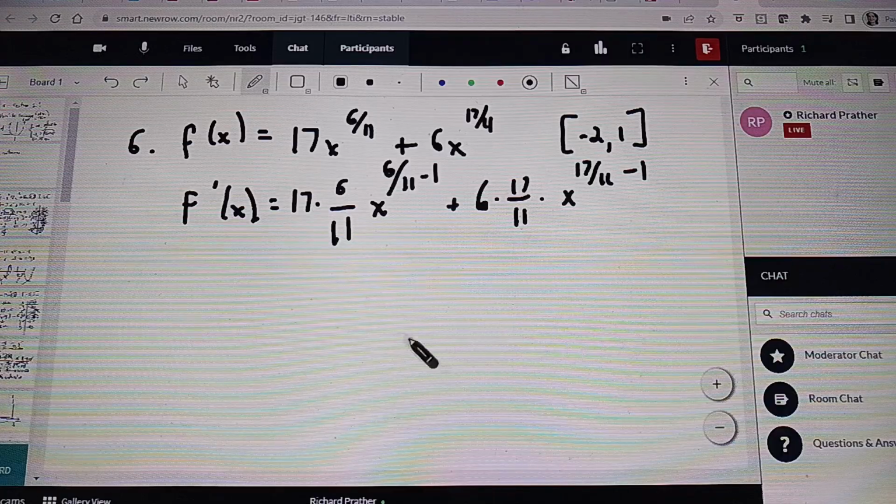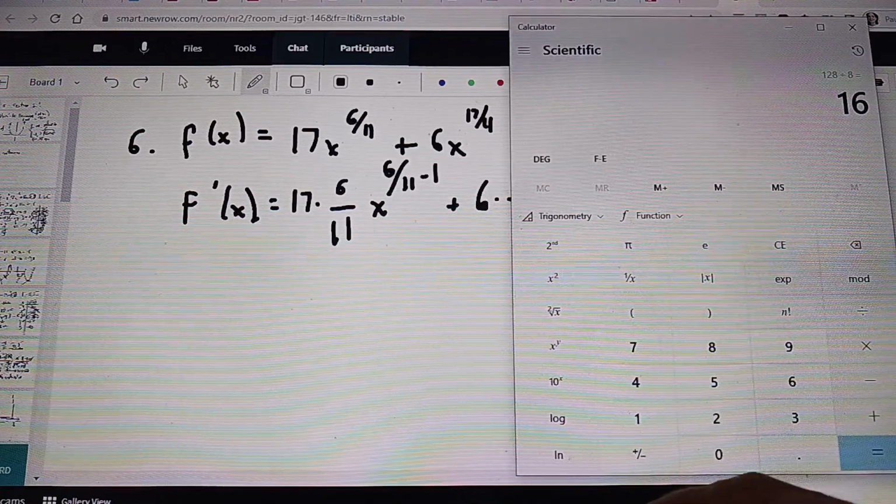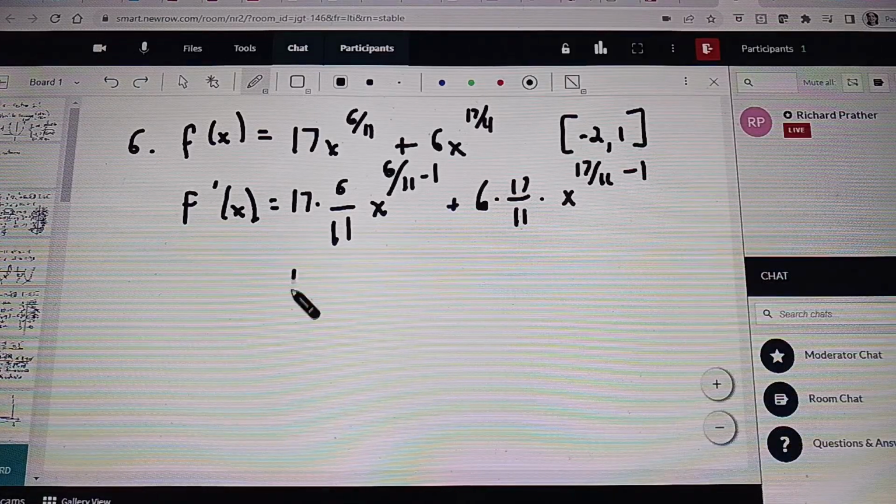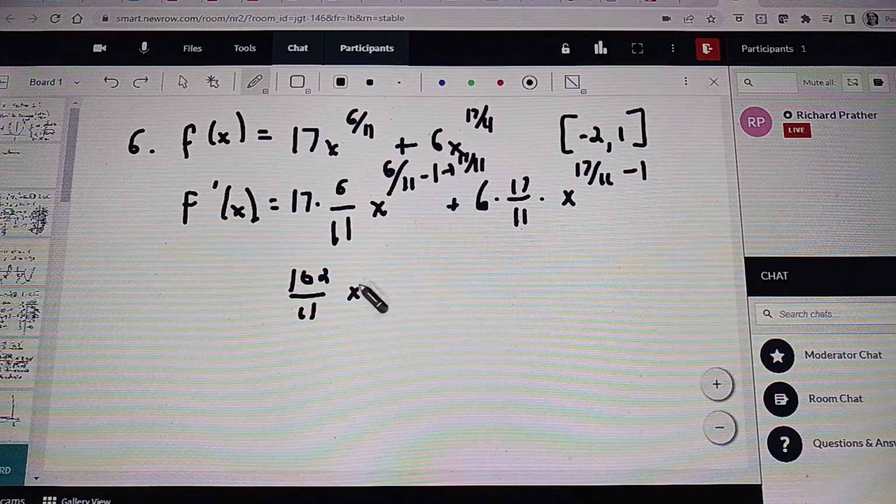Nothing simplifies here, so 17 times 6 is 102 over 11. And I would change this 1 to be 11 over 11. Anything divided by itself is 1, so then you would have 6 over 11 minus 11 over 11. That's -5 over 11.